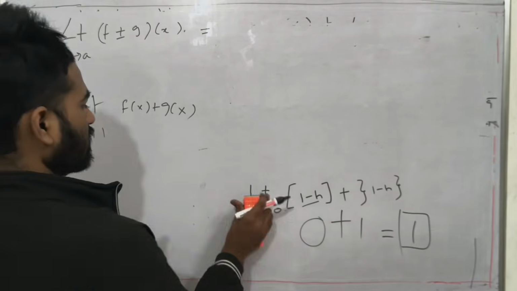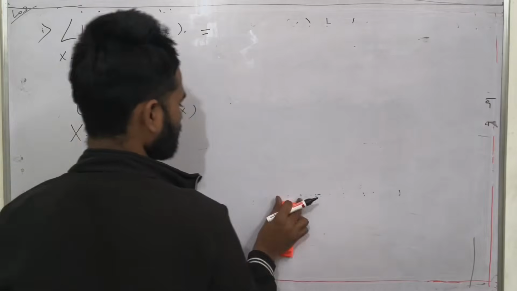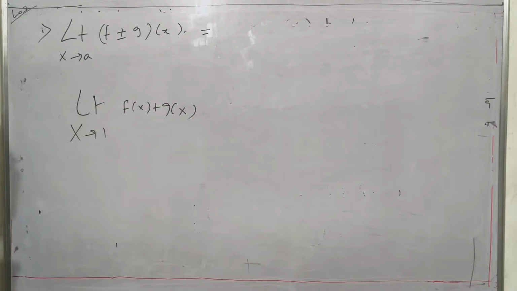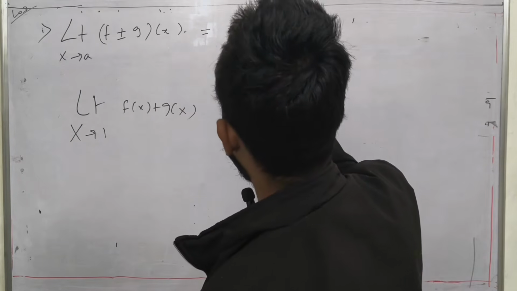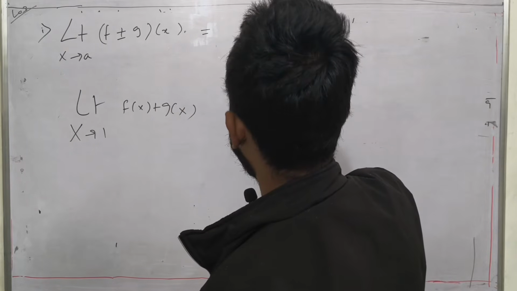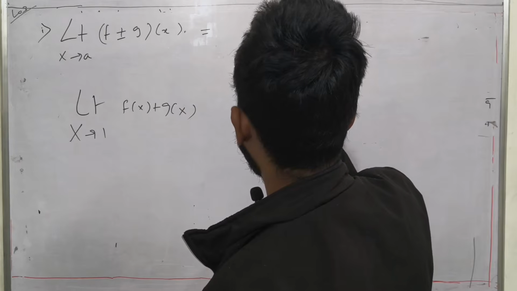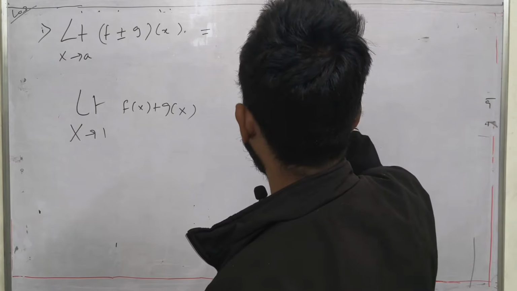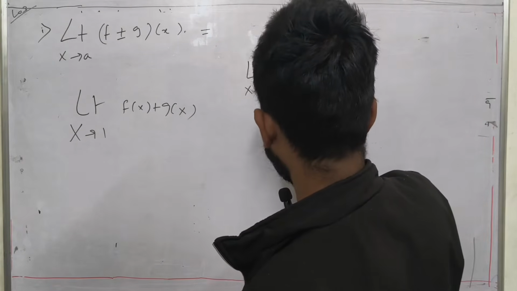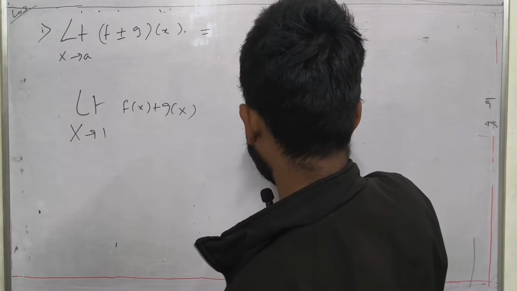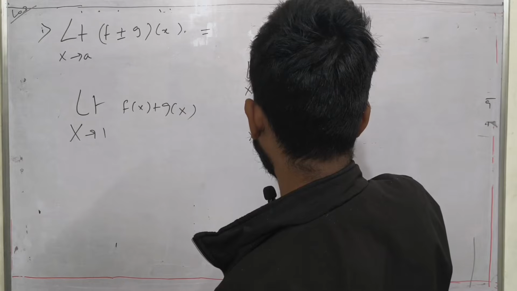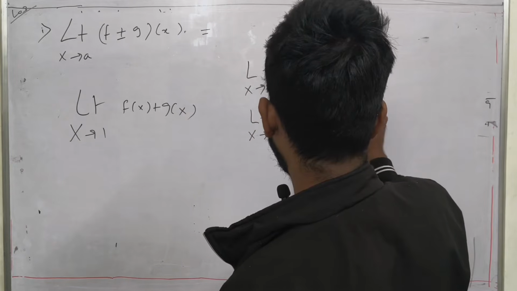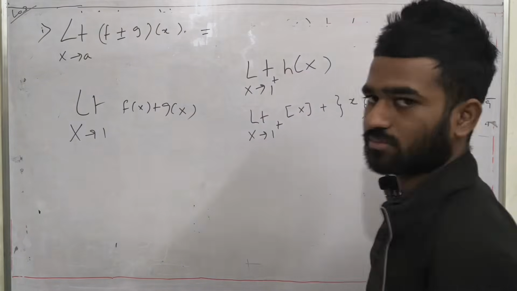Okay, and similarly if I find the right hand limit, x tends to 1 plus of h of x, and my h of x is step x plus flower part of x. ठीक है, good.